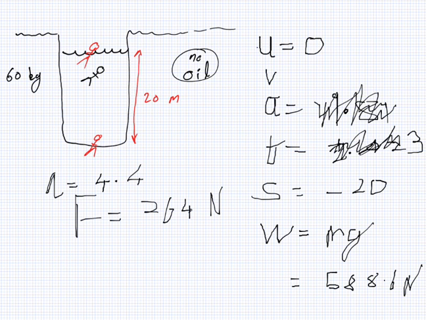So that 264 is 588.6 minus the drag. Yeah, so now tell me the drag force. Calculate it. Yeah, so it's minus because it's going up. 324.6 up. So I'll just write D for drag. 324.